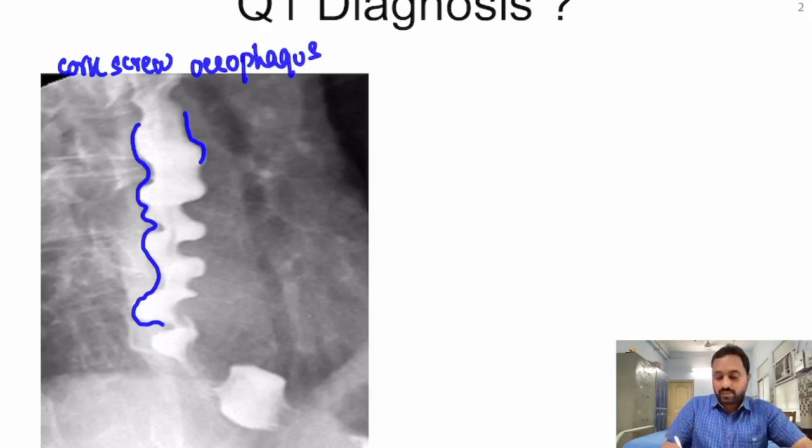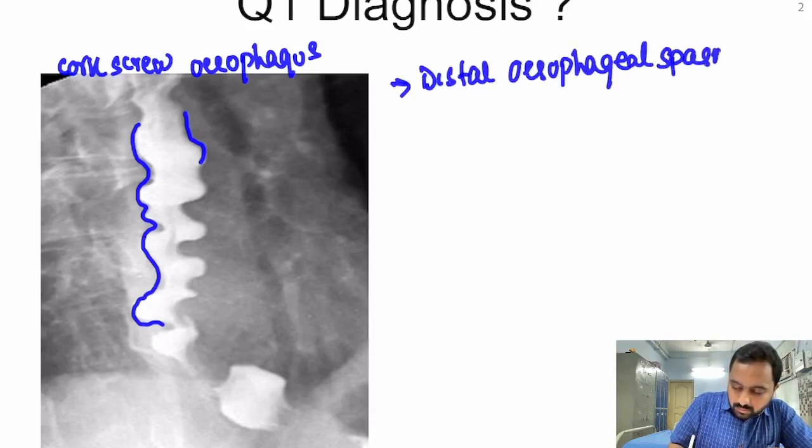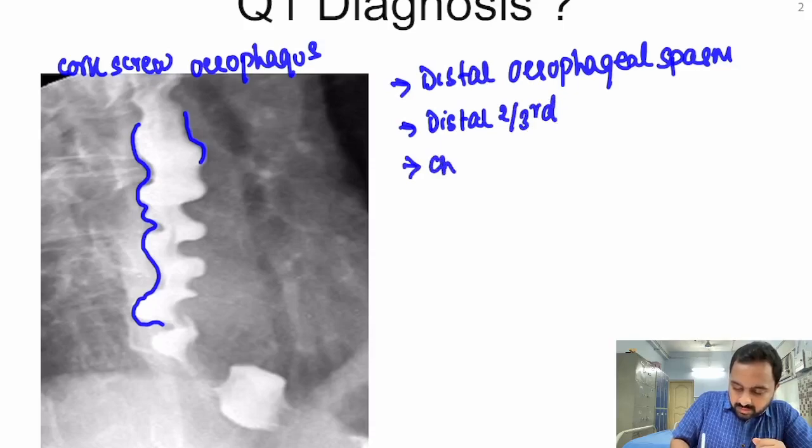It is usually present in distal esophageal spasm, right? An important question that can be asked is the most common site of location, which is usually the distal third, and it usually presents with chest pain and dysphagia.